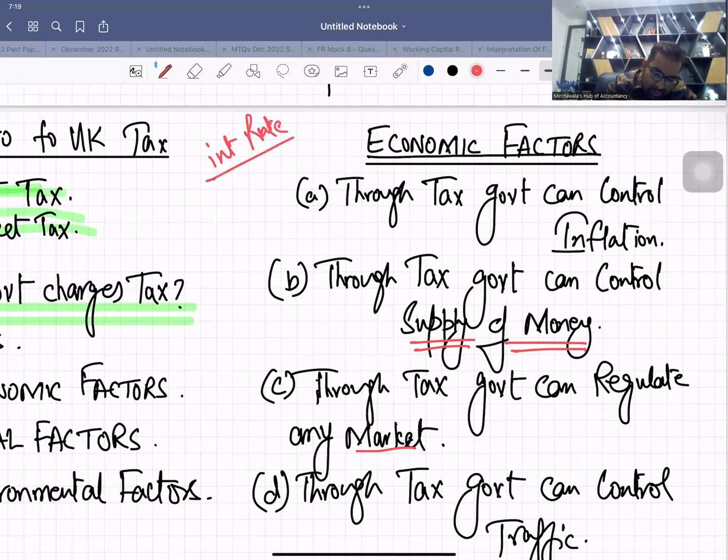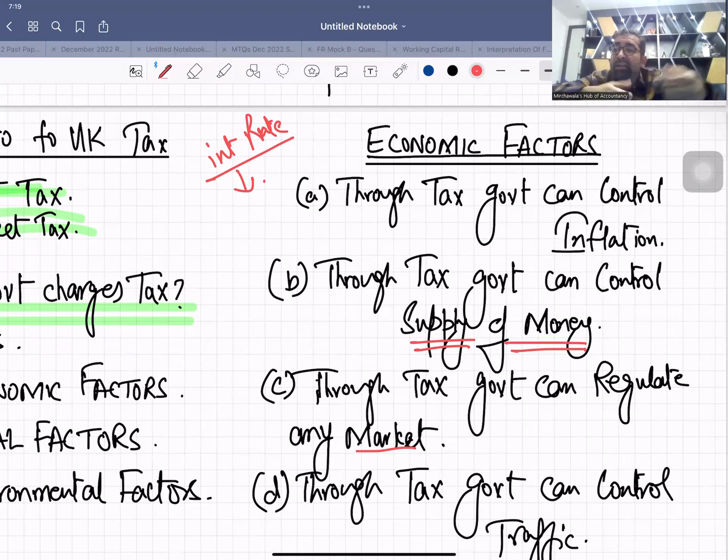Whenever the interest rate in any country goes down, people run towards money. They start taking loans, they start consumer financing, they buy homes because the interest rate is low and the cost of borrowing is low, they start buying cars on lease and all. So automatically when the interest rate goes down, people start borrowing from banks.